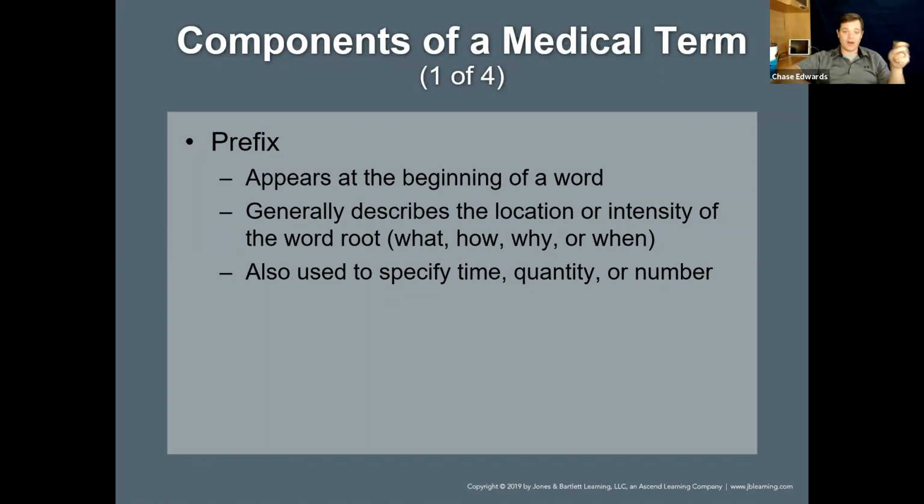So hypo means low, right? Volemia means what? So blood volume, that's right. So vol, blood volume, emia, blood, right? So altogether, hypovolemia means low blood volume.